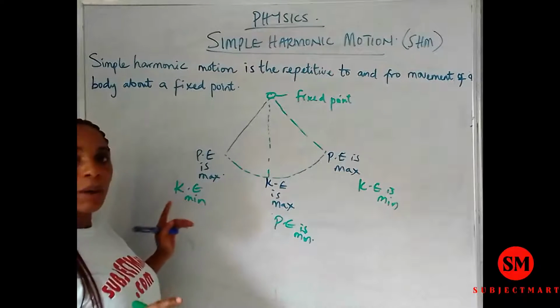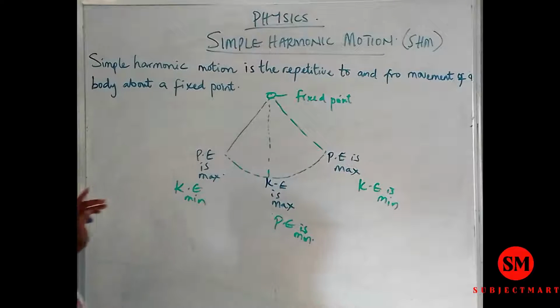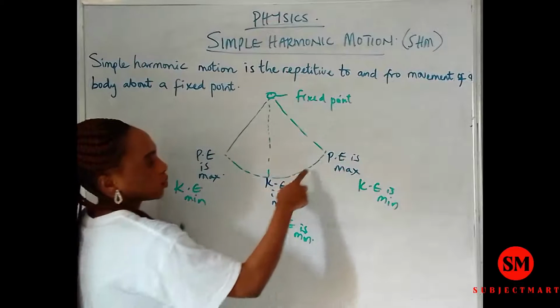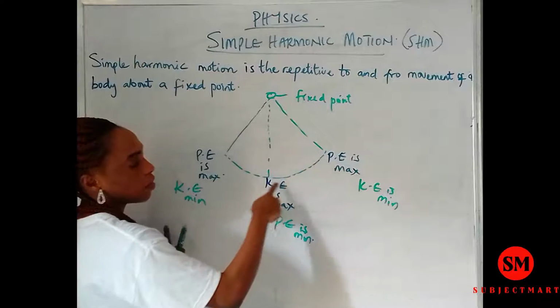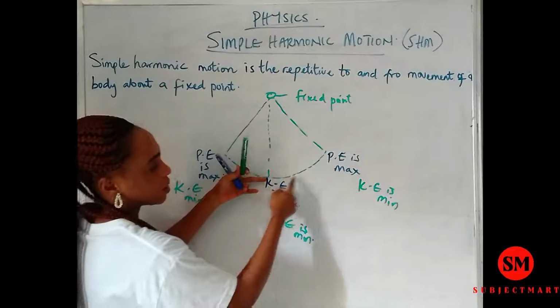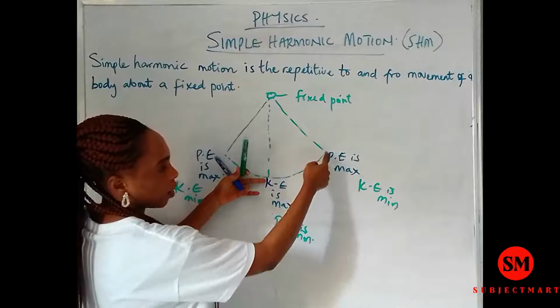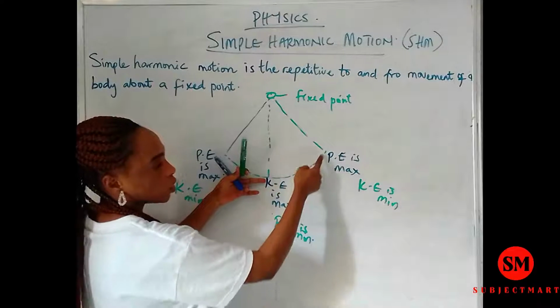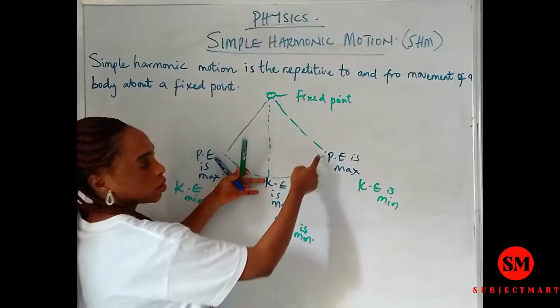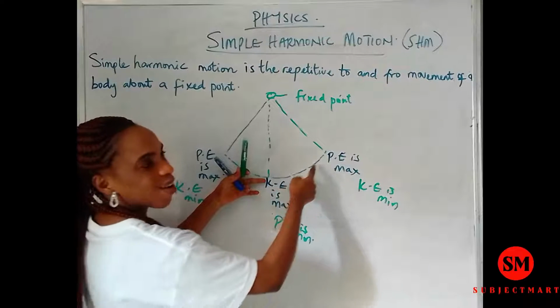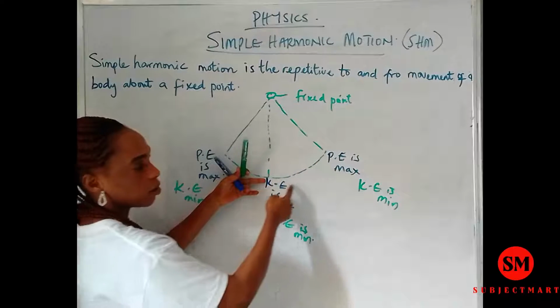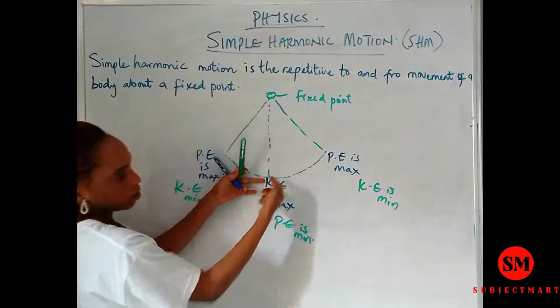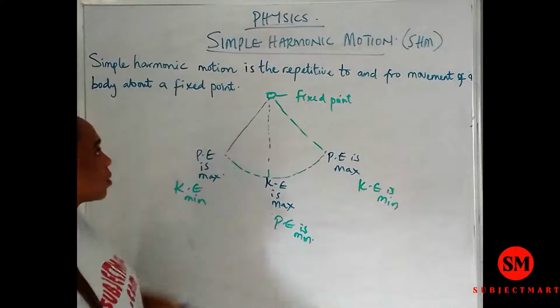One very important thing about simple harmonic motion, one of the features, is that the acceleration is directly proportional to the distance. The distance from here to here is directly proportional to the acceleration. So the motion is usually with a constant acceleration and is always directed towards the center.